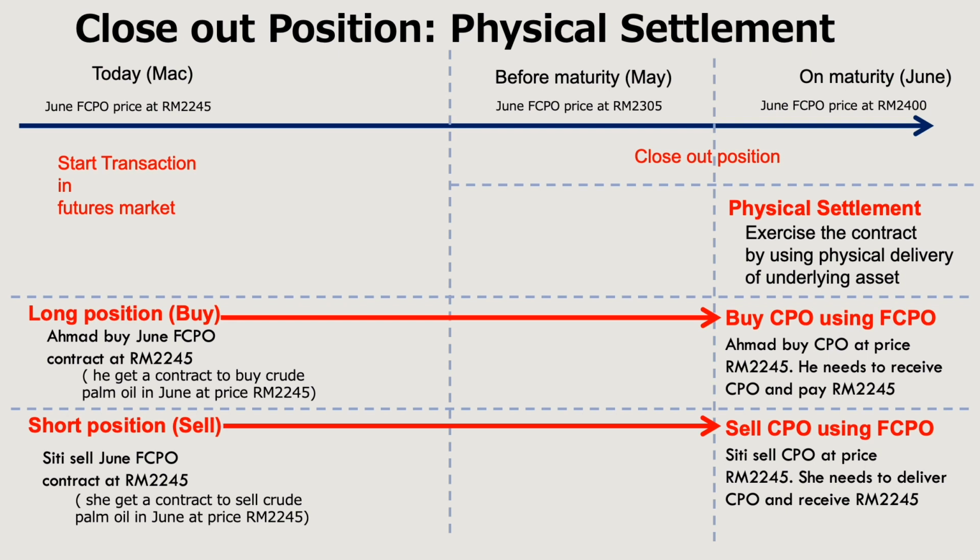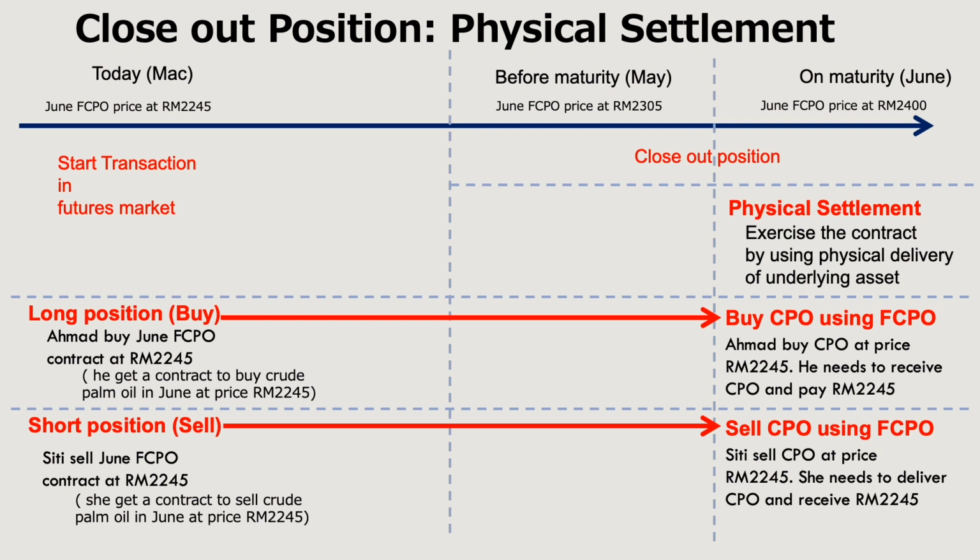So in this example, Ahmad need to buy crude palm oil at price RM2245. The price of crude palm oil is based on the price of futures contract that Ahmad bought in June. So he needs to receive the crude palm oil and pay RM2245. So that is physical settlement for long position.